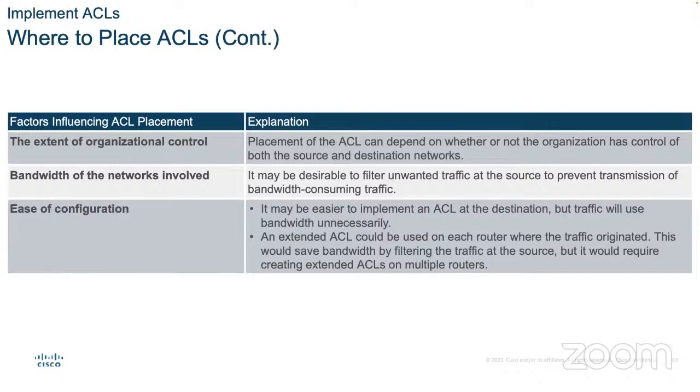And of course, it depends on a variety of factors. You don't just slap an ACL anywhere. You factor in the effect. You factor in any pushback to decide what the best place is.